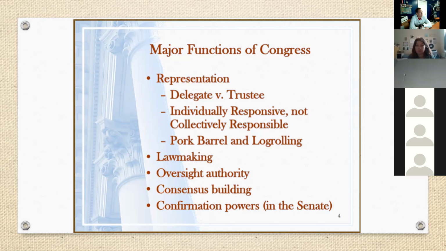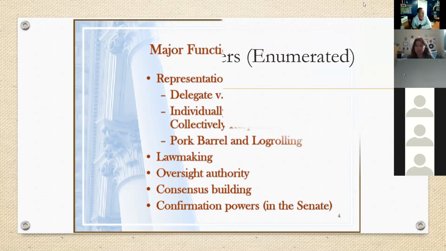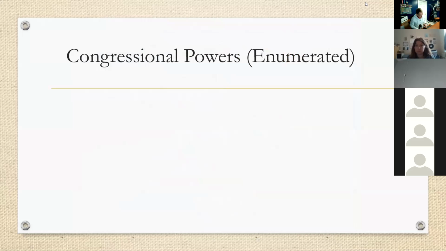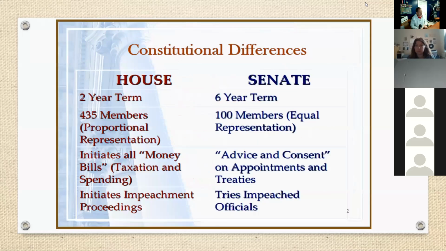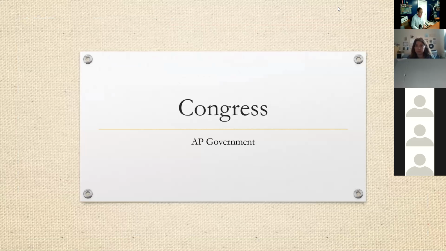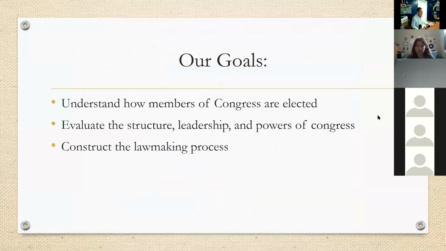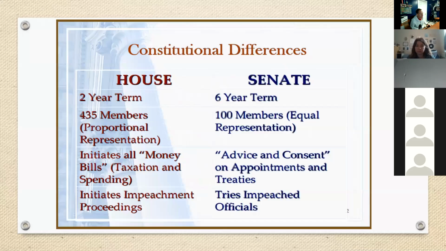I need $850 million to repair the I-75 bridge between Kentucky and Ohio. And they'll go ahead and put that in there. That's allowed in the Senate. That's called pork barrel legislation.